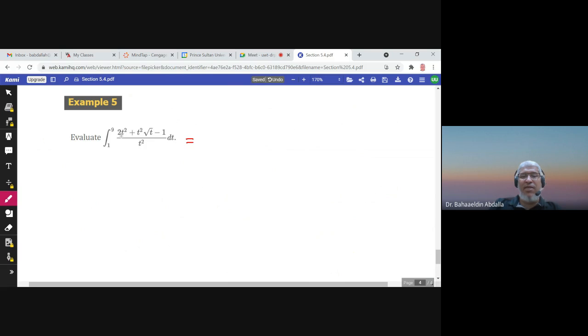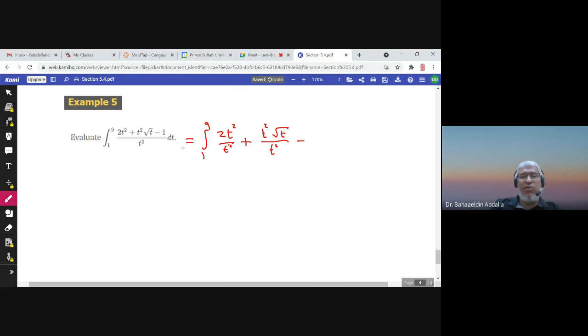Let me just write it: 2t square over t square, plus t square square root of t over t square.